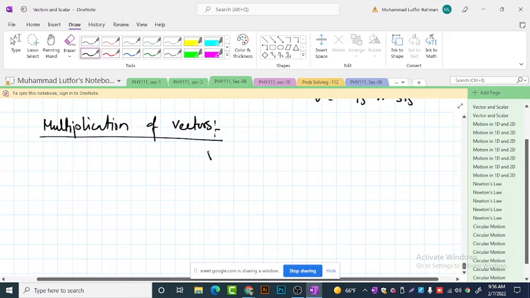Say I have a vector, I am going to represent in Cartesian coordinate system, which is ax i hat plus ay j hat plus az k hat, and vector b is bx i hat plus by j hat plus bz k hat.